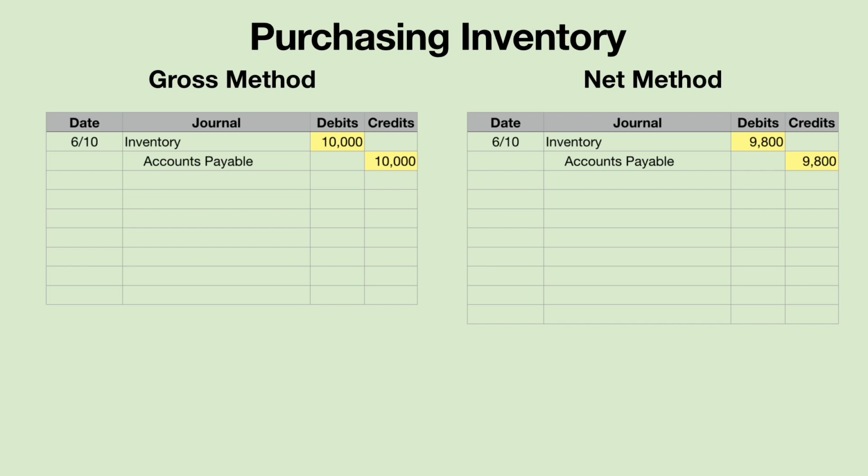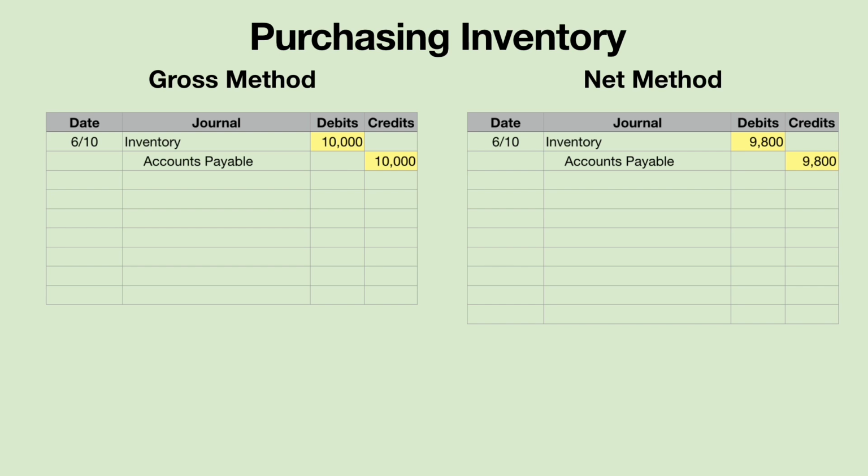In the gross method, we're going to use the total amount of the invoice, 10,000. But in the net method, we're going to use the after discount number in the journal entry because we're probably going to end up paying cash of $9,800 because smart people always take those discounts.